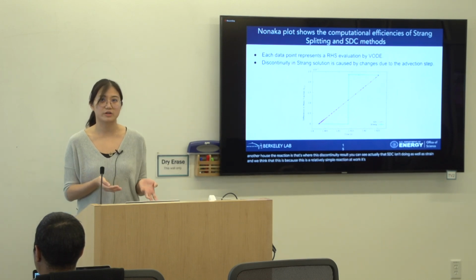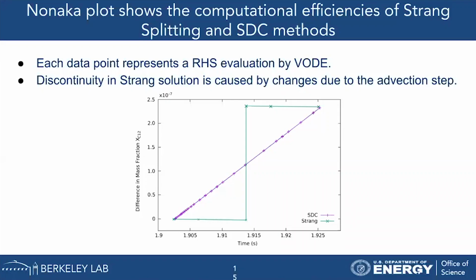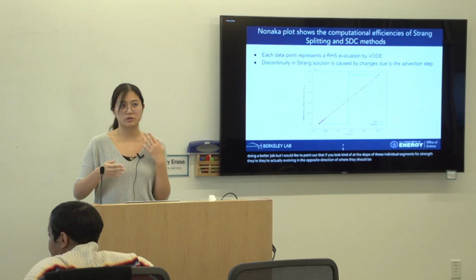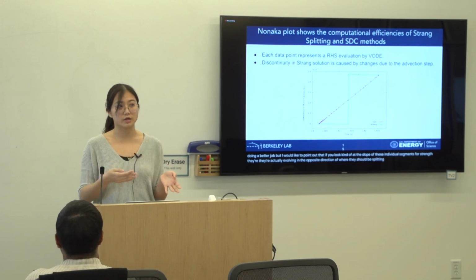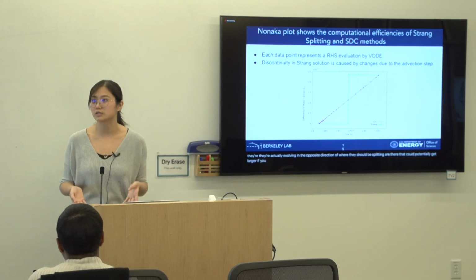It's not very stiff, so it's possible that Strang's just doing a better job. But I would like to point out that if you look at the slope of these individual segments for Strang, they're actually evolving in the opposite direction of where they should be. So I feel like that could mean there is a splitting error there that could potentially get larger if you have a more complex network.